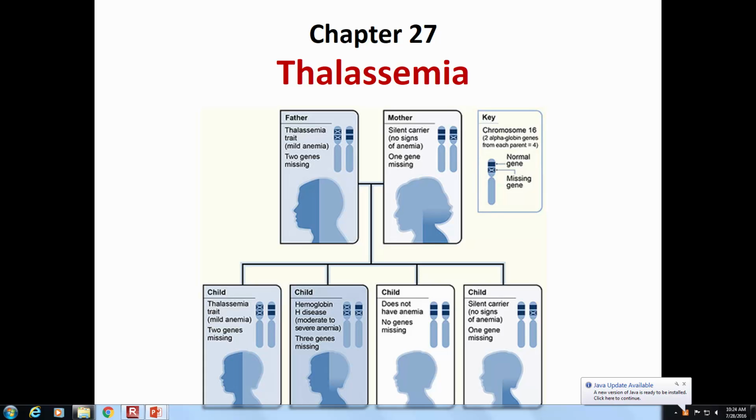So the fetus would be stillborn, or will die very quickly after birth. That's what we refer to as alpha thalassemia major, also known as hydrops, a condition in which the fetus will die or be born dead.